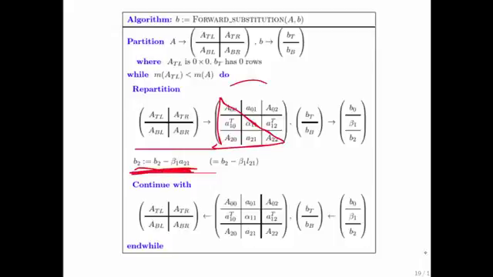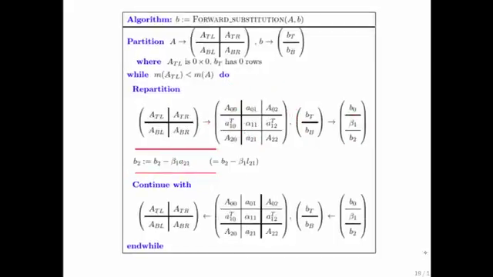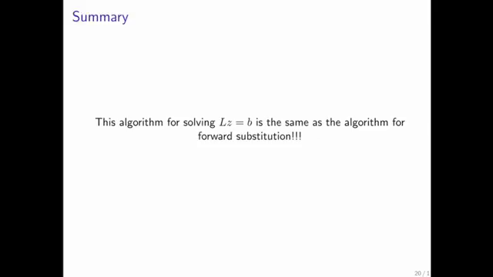Now here we happen to have called our matrix A. Here we called our matrix L. But if you go back and forth, you see that they are one and the same algorithm. So forward substitution is simply the same as solving with a unit lower triangular matrix. And we summarize that right here.